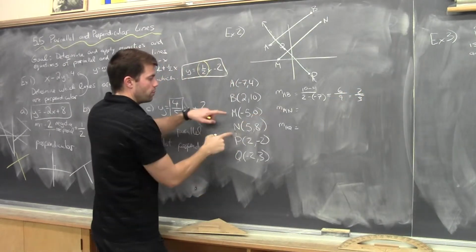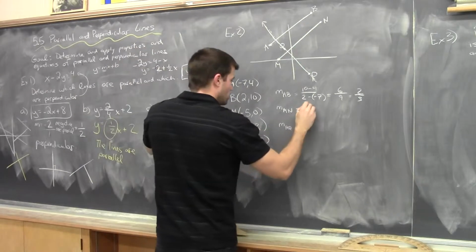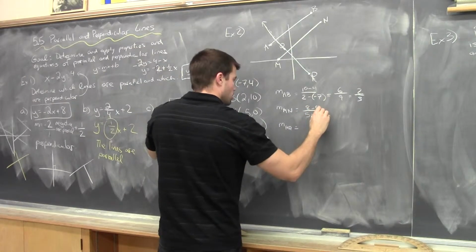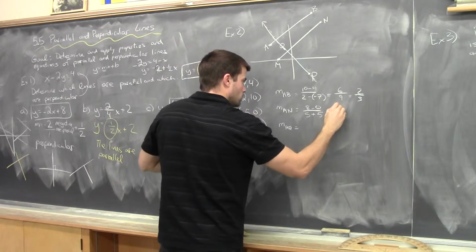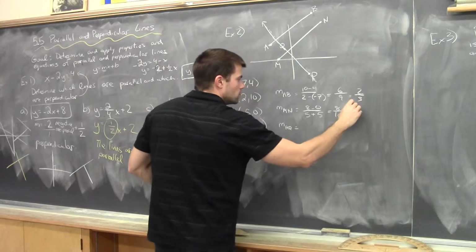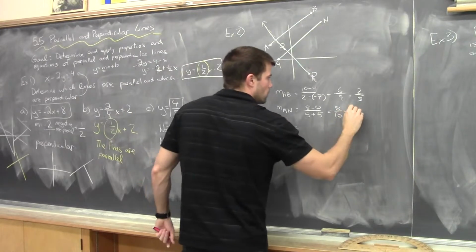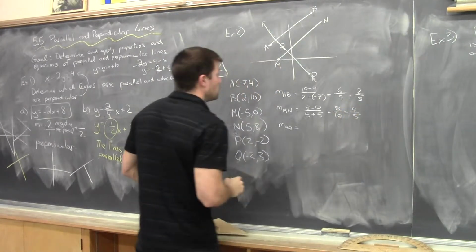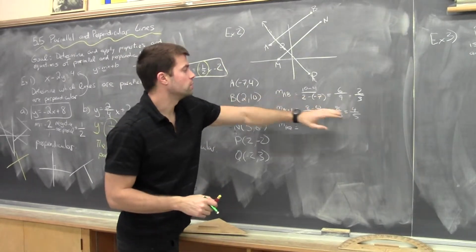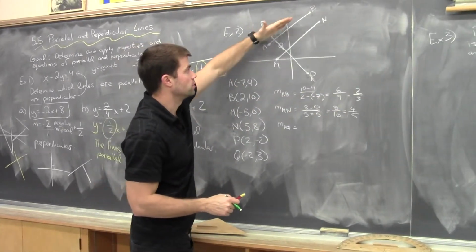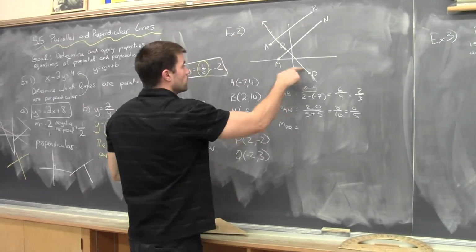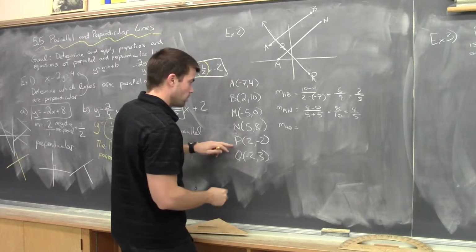I'm going to check the slope of MN. So we have 8 minus 0 over 5 plus 5. One thing you can do is, if I got both positive values, just make sure these are positive slopes. Yes, it's pointing up, it's positive. QP, I should get a negative slope here now.